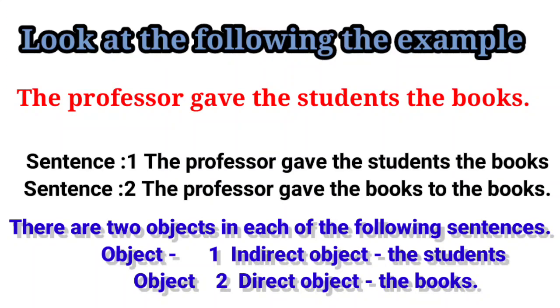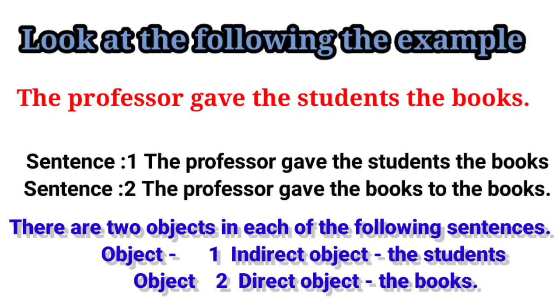Here, sentence 1, the professor gave the students the books. Sentence 2, the professor gave the books to the students. Here, in this example, there are two objects in each of the following sentences. Object 1, that is indirect object, that is the students.